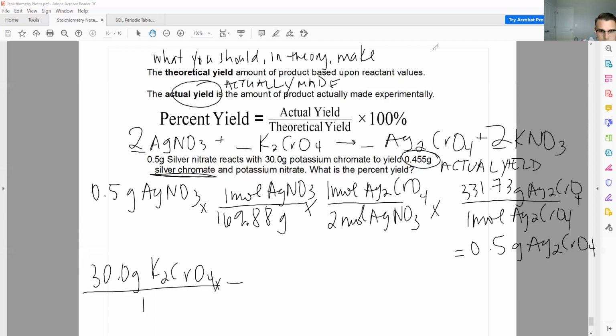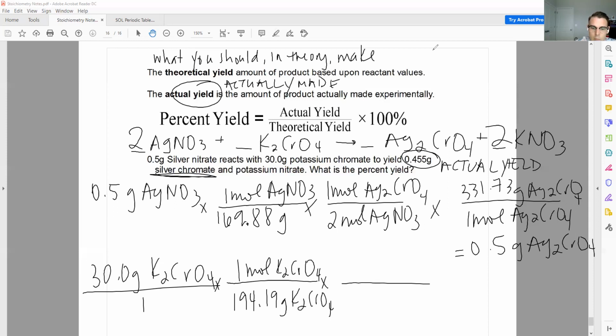And we do the same thing for the potassium chromate. It's going to be 194.19 for its molar mass. Then our mole ratio, 1 mole of potassium chromate for every 1 mole of silver chromate.